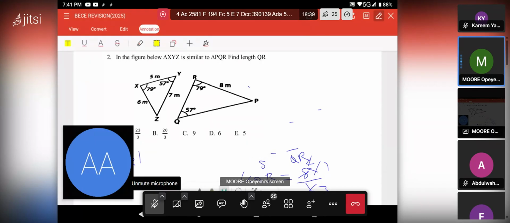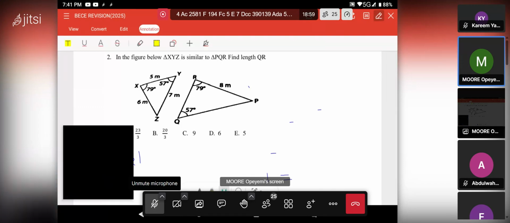Since they have labeled the triangles for us, it makes it easier to identify. They said in the figure below, triangle XYZ is similar to triangle PQR, which means angle X corresponds to angle P, angle Y corresponds to angle Q, angle Z corresponds to angle R. If that is clear to you, the corresponding side will be XY.